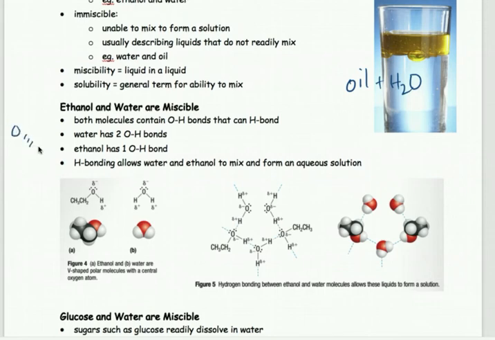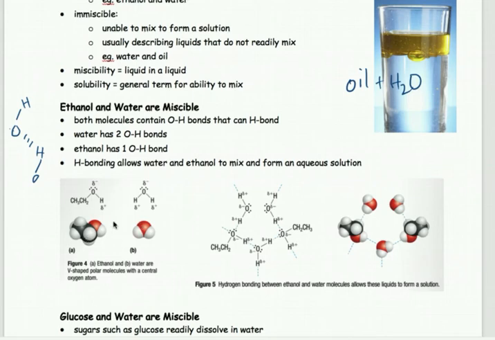Both of these have that OH, so the O and the H on the opposite molecules are hydrogen bonding together. And when you can bond together like that, then you can mix together. That's how this is working here.